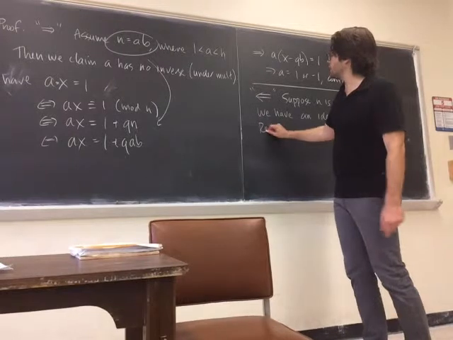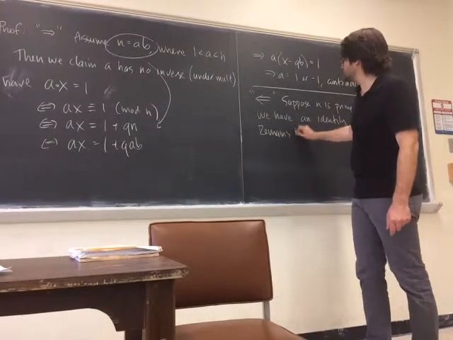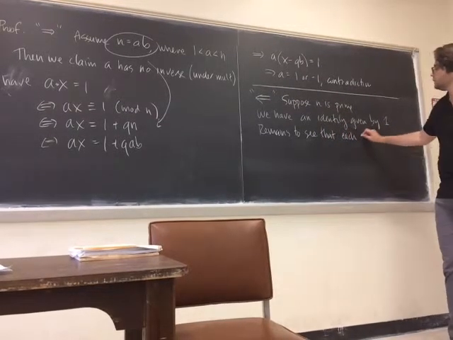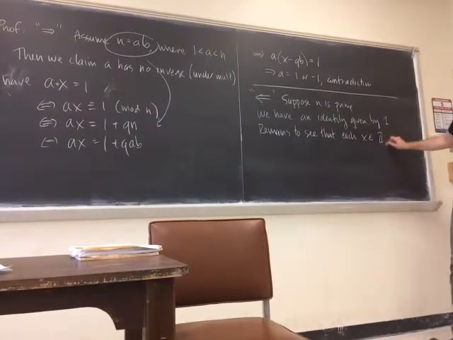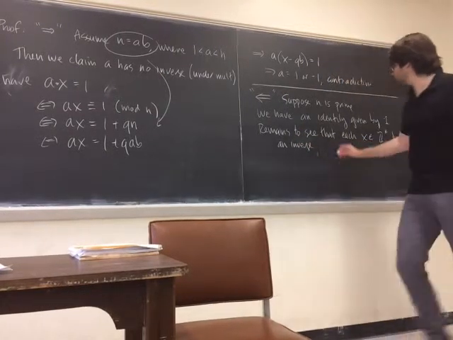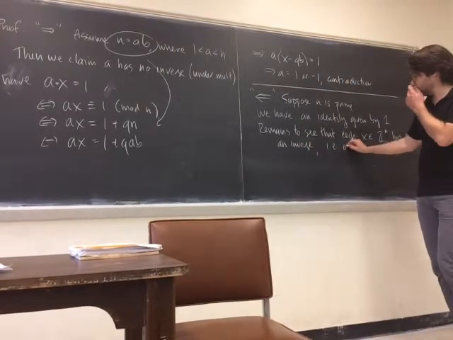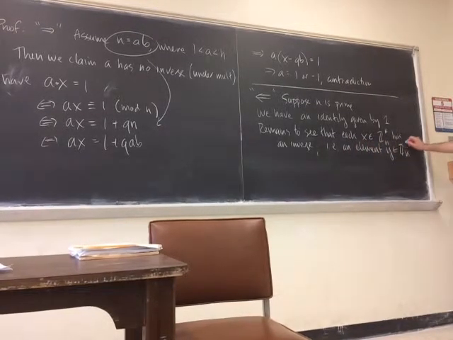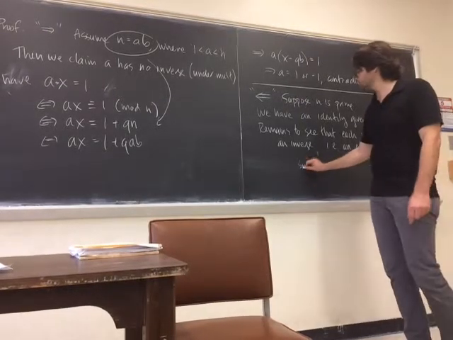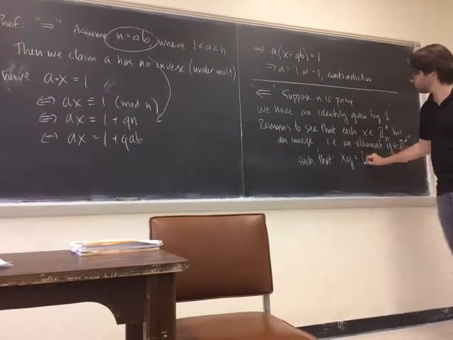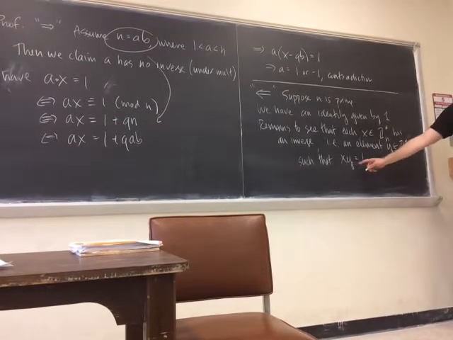It remains to see that every element x in Zn star has an inverse, i.e., an element y in Zn star such that, usual story, x y equals 1, and now this is all happening modulo n.